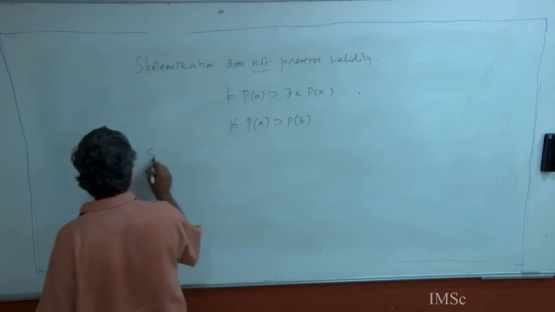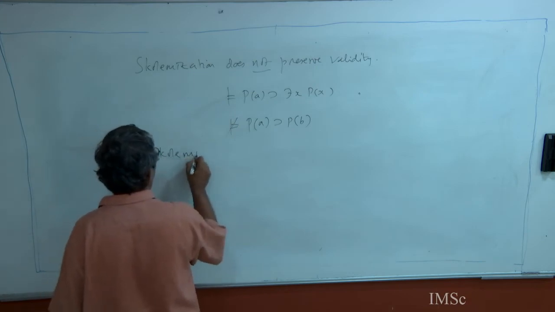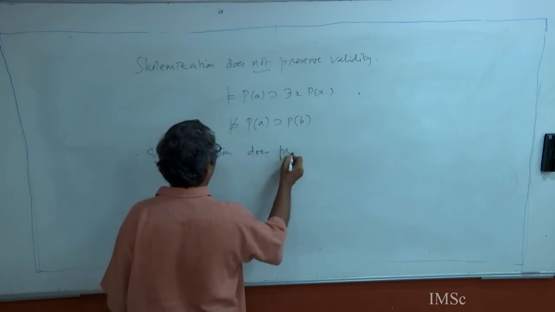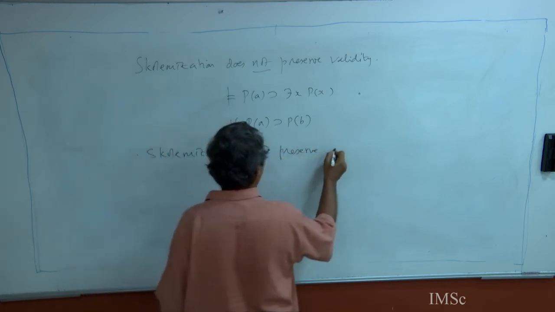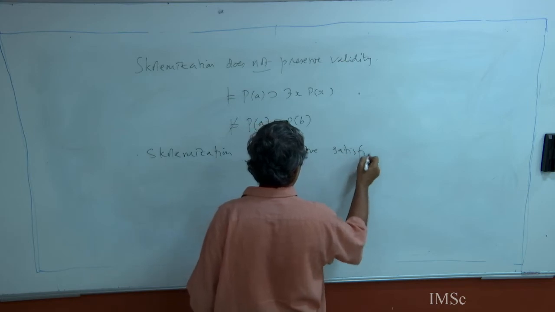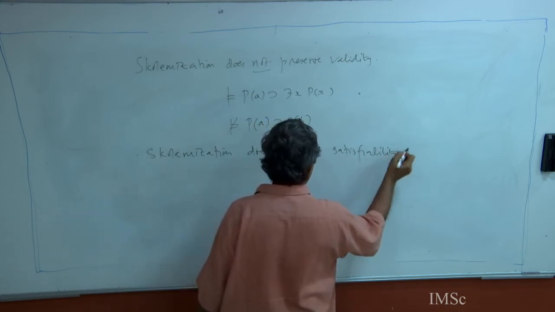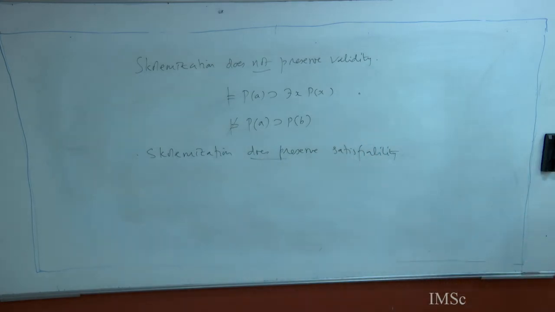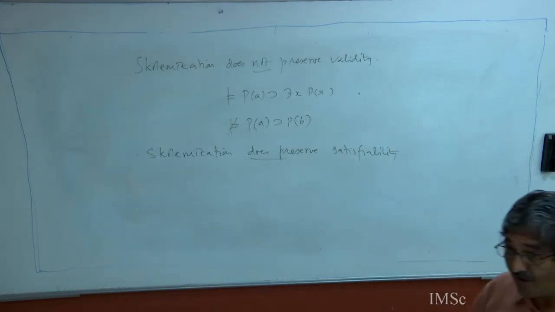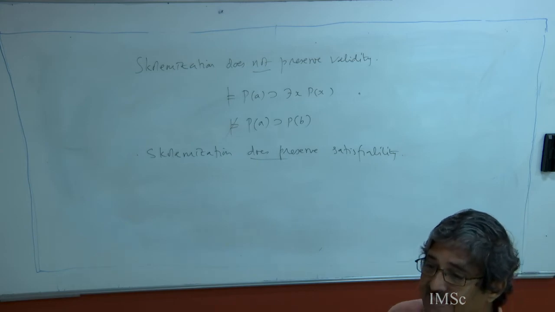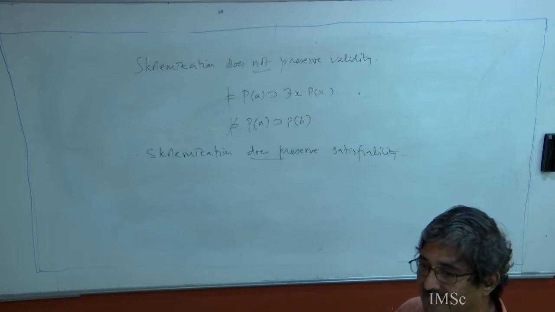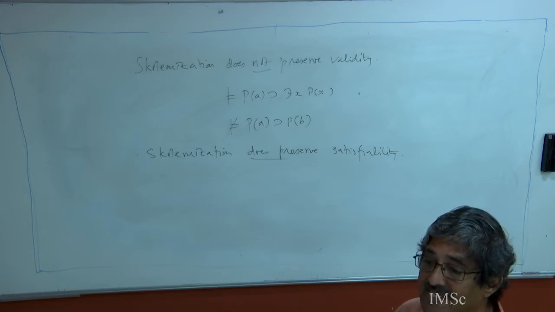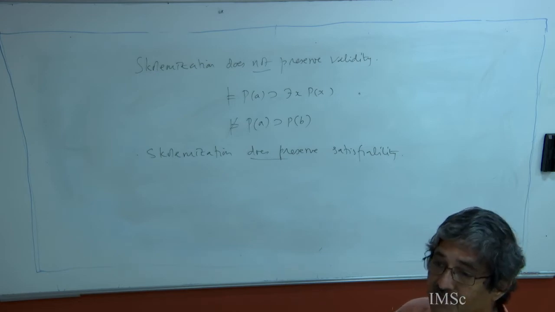What Skolemization does preserve is satisfiability. So if what you are looking for is having an inference system, checking for satisfiability, perfectly fine. Or if you are doing refutation where you are doing unsatisfiability, it's okay.